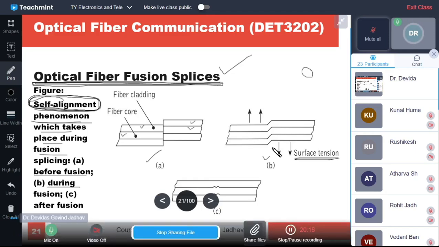So alignment is achieved with the surface tension, and automatically that misalignment is reduced and removed with the help of this physical property. It is the physical property of the material, surface tension. And then finally the splicing is achieved.